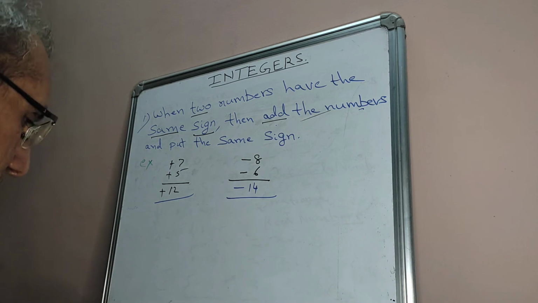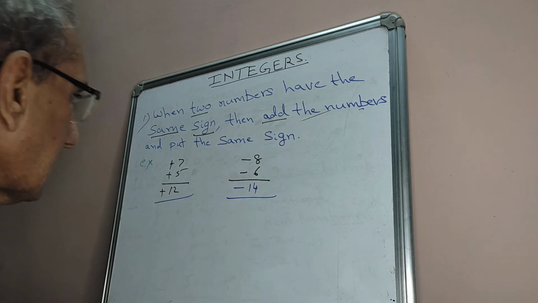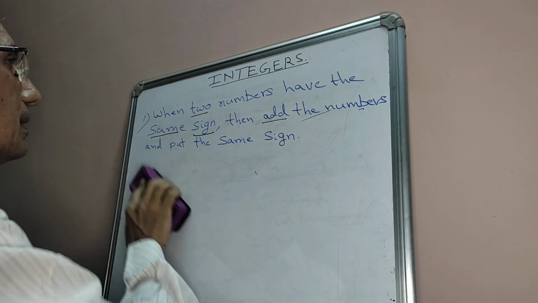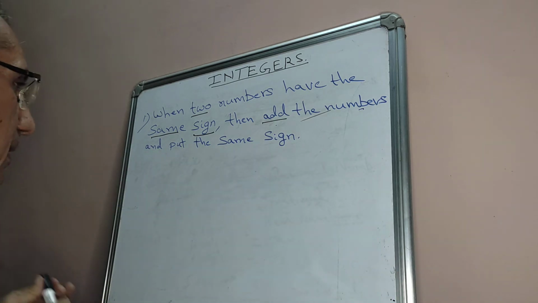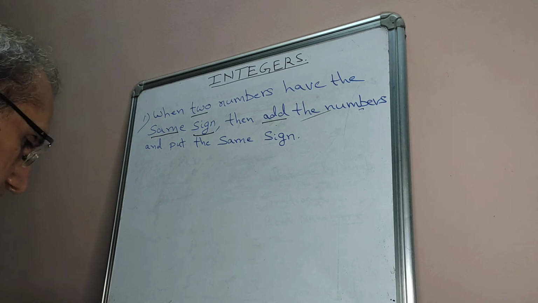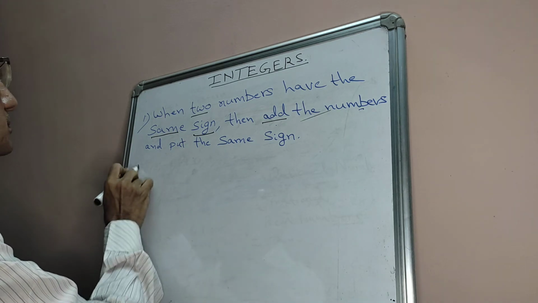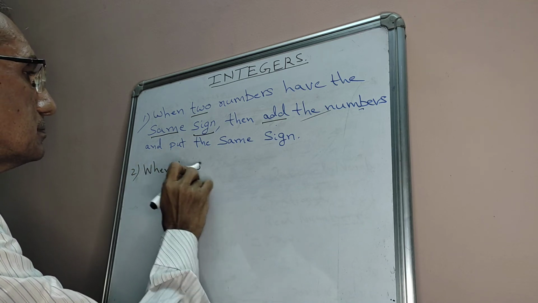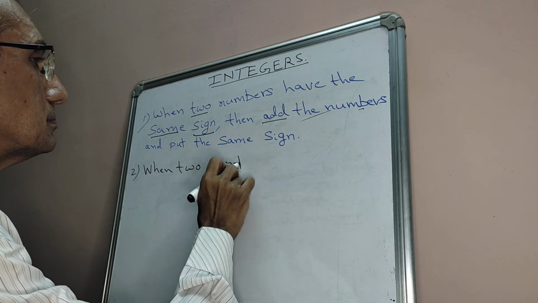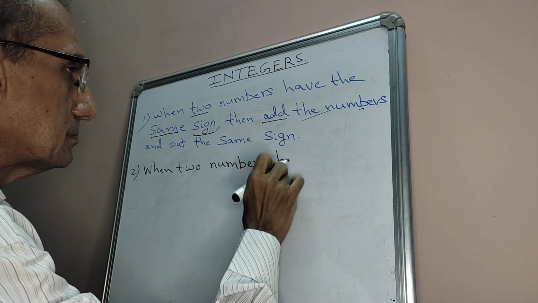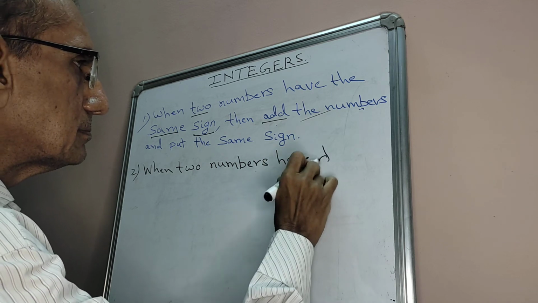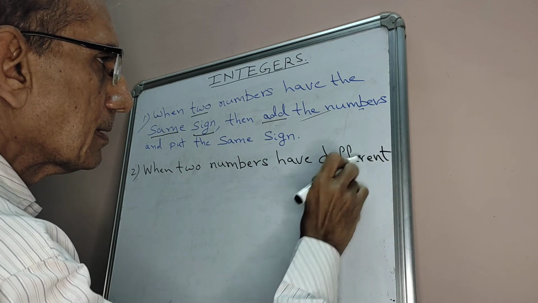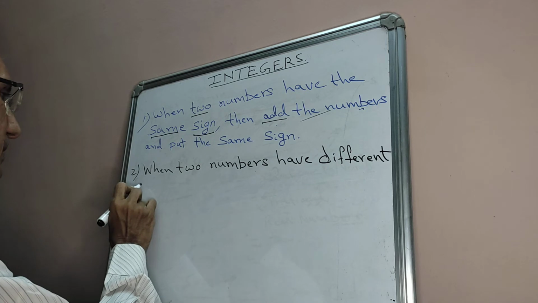Correct? Now next, we have a second rule which says when 2 numbers have different signs, then what do we do?